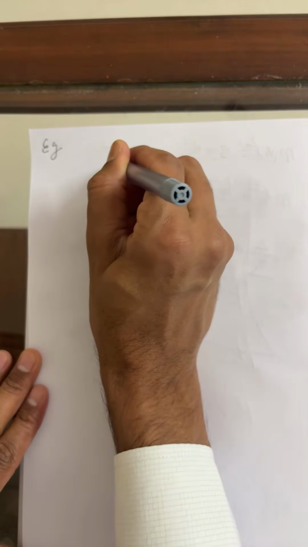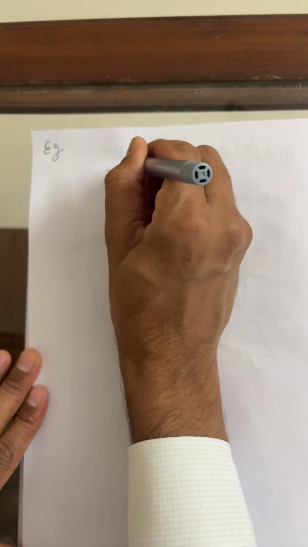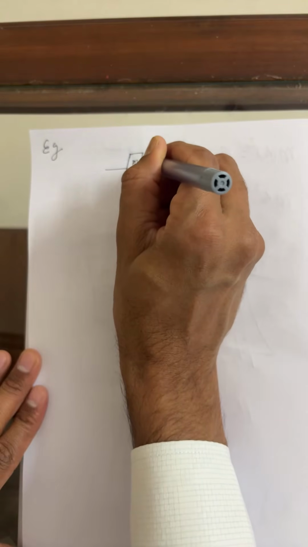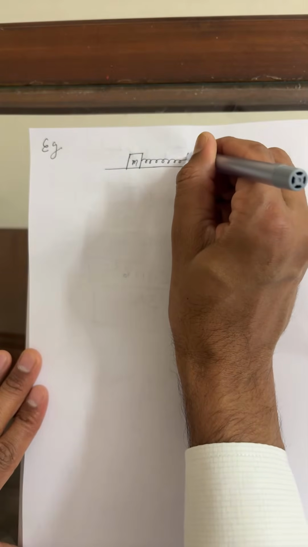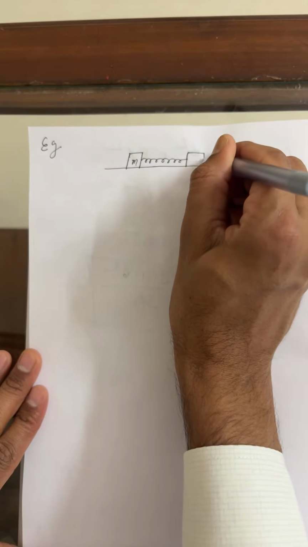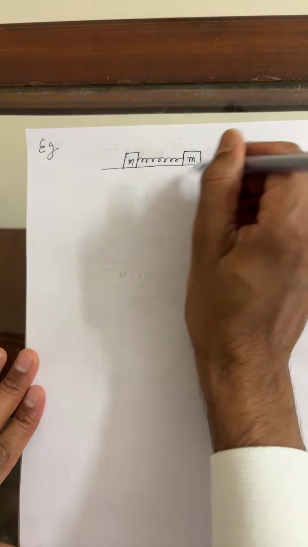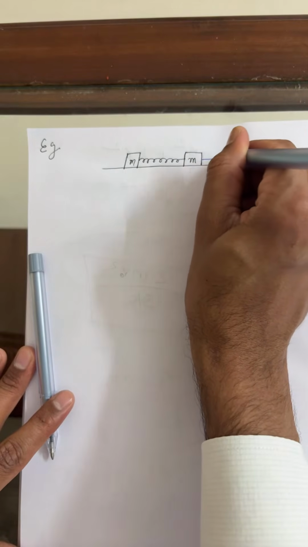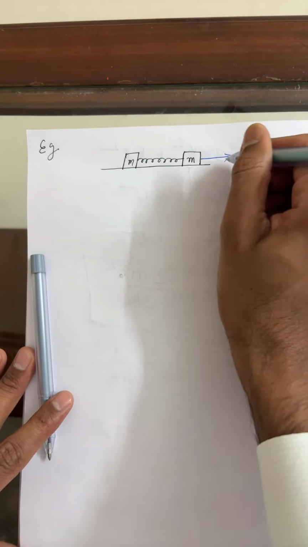Consider the horizontal plane. There are two identical blocks connected to each other through a spring, each of mass m. The applied force on the right side block is F.